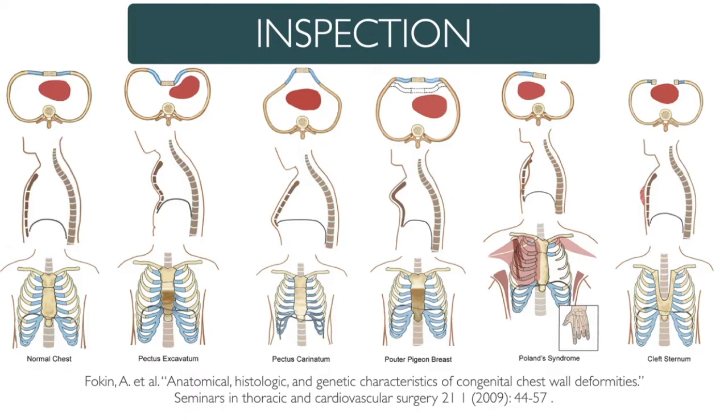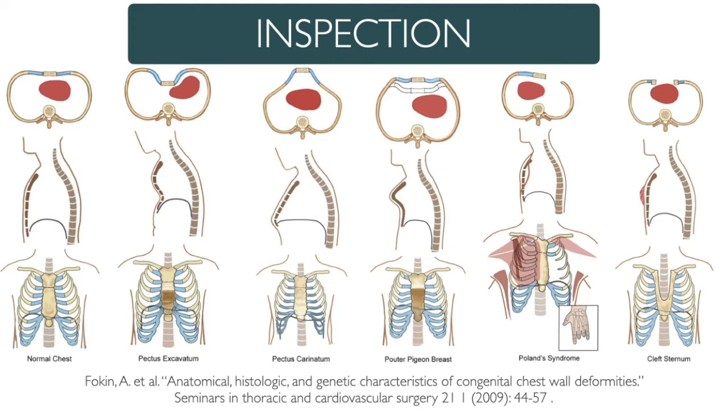A variety of the pigeon breast deformities, the pouter pigeon breast, wherein the anterior projection of the breastbone is only on the superior half of the breastbone.